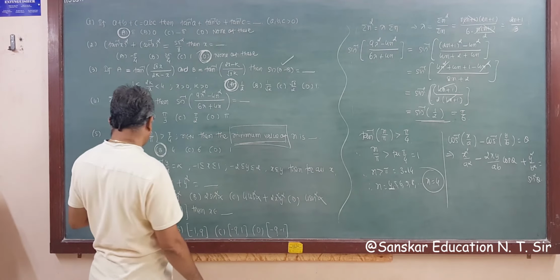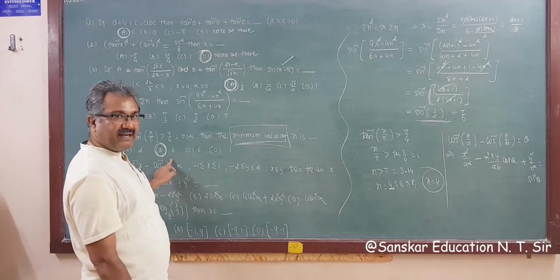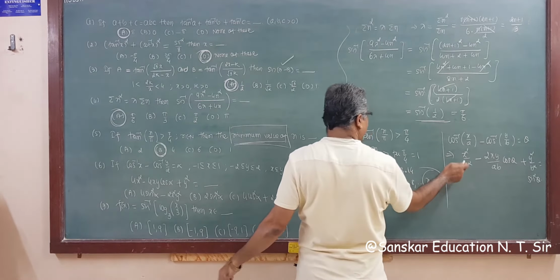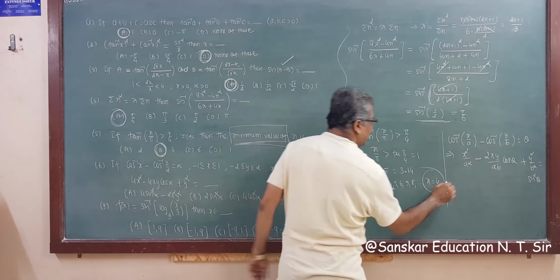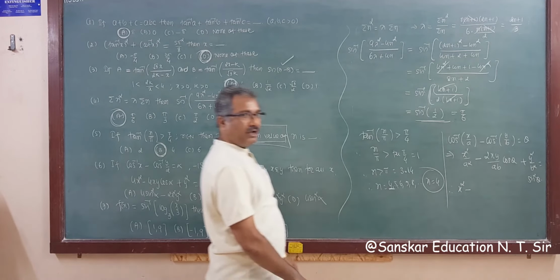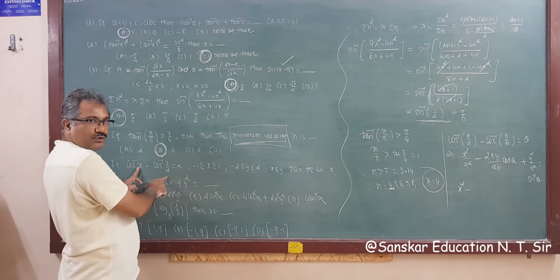So what is your x? x is x, a is 1, y is y, b is 2. So what is your answer? x square upon a square, that is only x square. Therefore the answer is x square minus the multiplication of these two, that is 2 times xy upon 2.